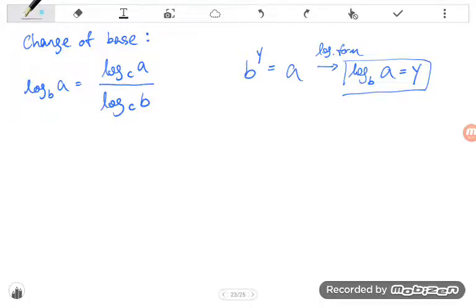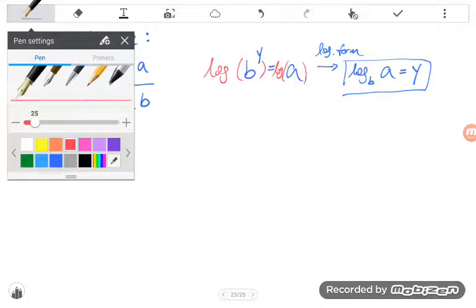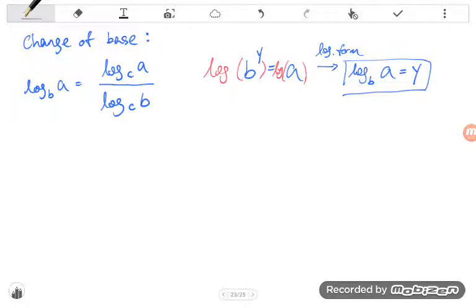Now, going back to my exponential equation, I'm going to take the log of both sides. I'll have log b to the power of y is equal to log a.